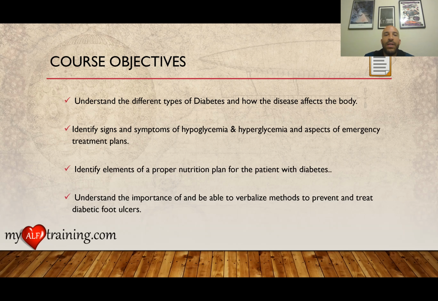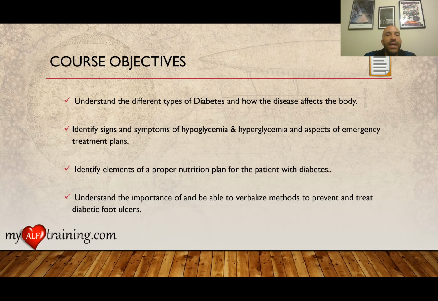And we talked about the emergency treatment plan for hypoglycemia, which was 15 to 20 grams of a carbohydrate if the blood sugar is less than 70, and then we wait 15 minutes to check it again. And if it's less than 70 still, we give another 15 to 20 grams. And if it's over, then we feed the patient unless their normal meal time is more than an hour away. Then we give them 7 grams of protein and we wait to feed them a full meal.